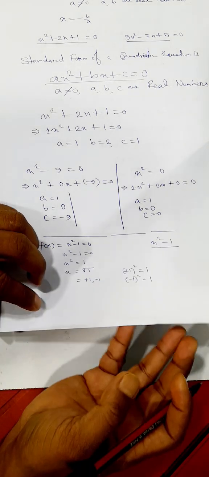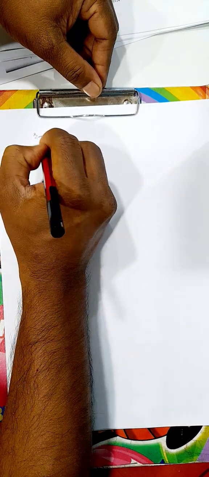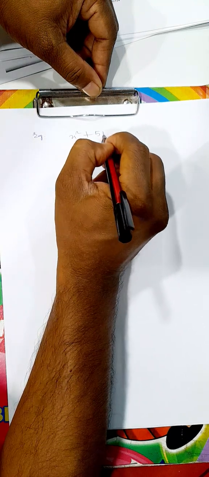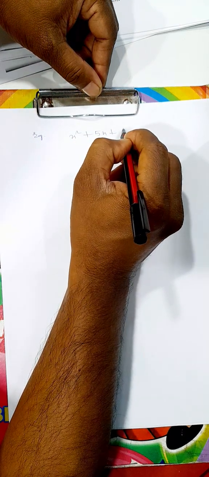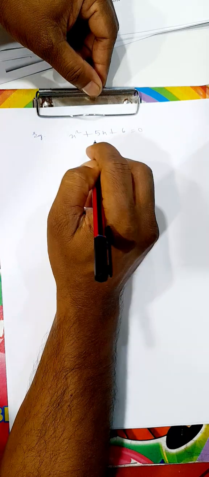So let's try to solve a quadratic equation. Say for example, this is a quadratic equation: x square plus 5x plus 6 equal to 0.